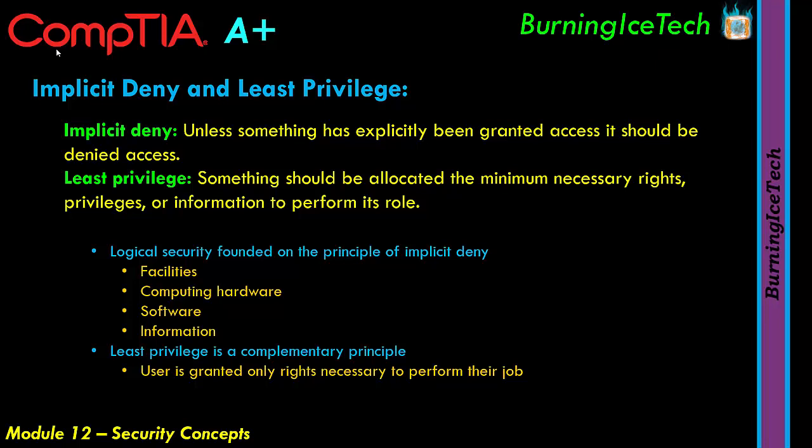And then lastly, least privilege is a complementary principle. In other words, a user is granted only the rights necessary to perform their job. You guys are going to get a few questions about this one in the exam, so watch out for this topic, least privilege especially. Normally in the exam, you will find 2, 3, or 4 possible accounts.